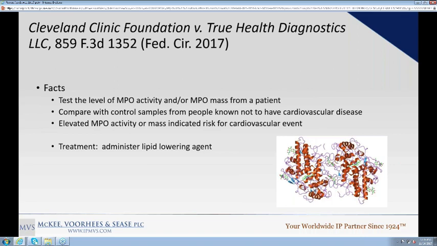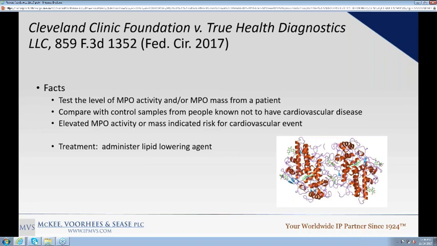And they've stored those, and they've made a database of those. And they're testing the MPO activity or mass against those controls for people who are known to have sufficiently low MPO level or mass, but they're not having cardiovascular disease from it. So elevated MPO activity or mass indicated a risk for a cardiovascular event, and so then they would treat that patient by administering a lipid-lowering agent.